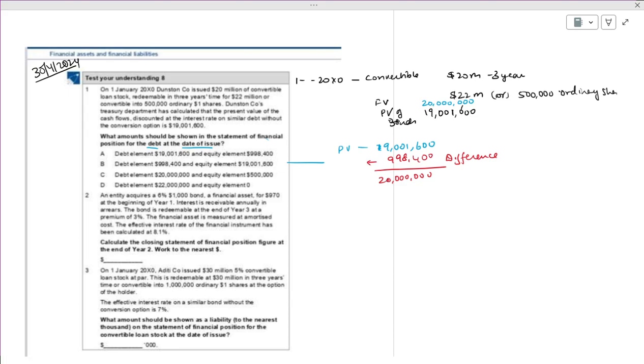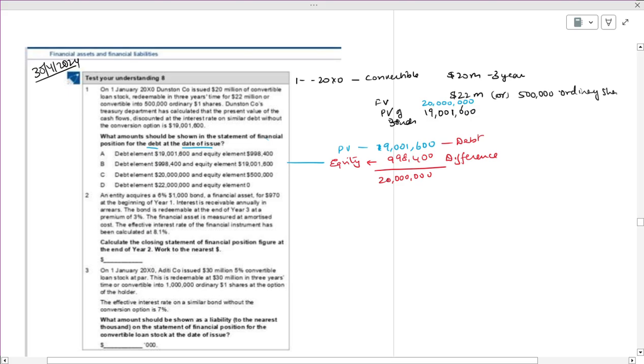This is called equity. Answer is what? Equity. Tell me. To determine the equity, the answer will be B. Debt is how much?